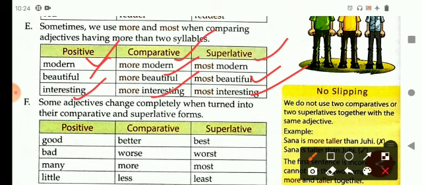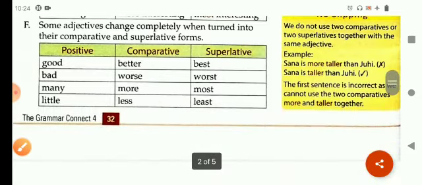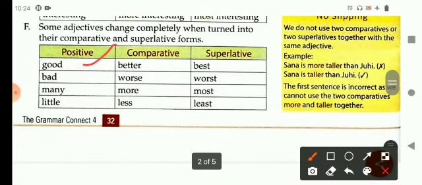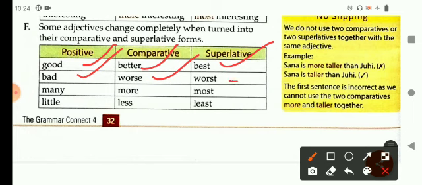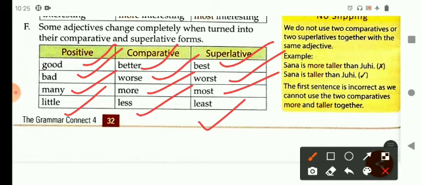And some adjectives change completely when turned into their comparative and superlative forms. They are irregular, like good. In comparative form, it becomes better, and in superlative form, it becomes best. In the similar way, bad, worse, worst, many, more, most, little, less, and least.